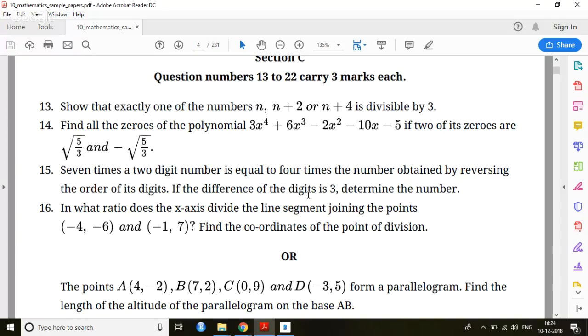So question 16, what is it telling? The first part is telling me in what ratio does the x-axis divide the line segment joining the points minus 4, 6 and minus 1, minus 7.